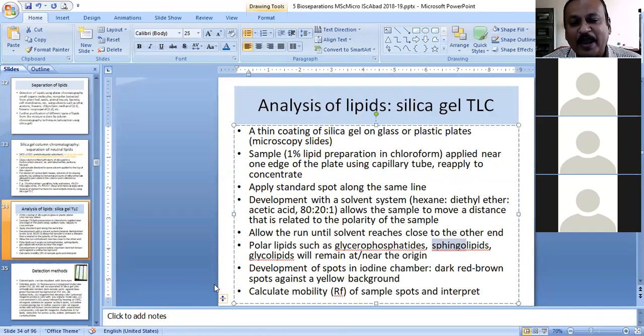And then how about identification of the spots? We can keep the TLC plate in a chamber which contains iodine crystals. Iodine vapors will be formed, and these iodine vapors normally react with all kinds of biomolecules and give them a dark brown or reddish brown color.